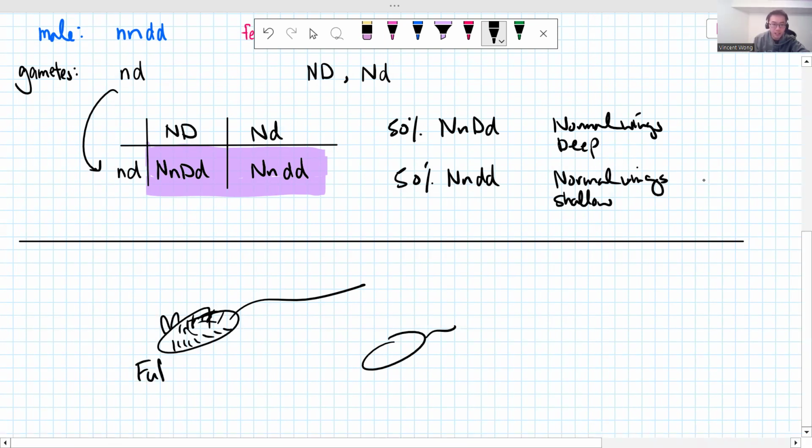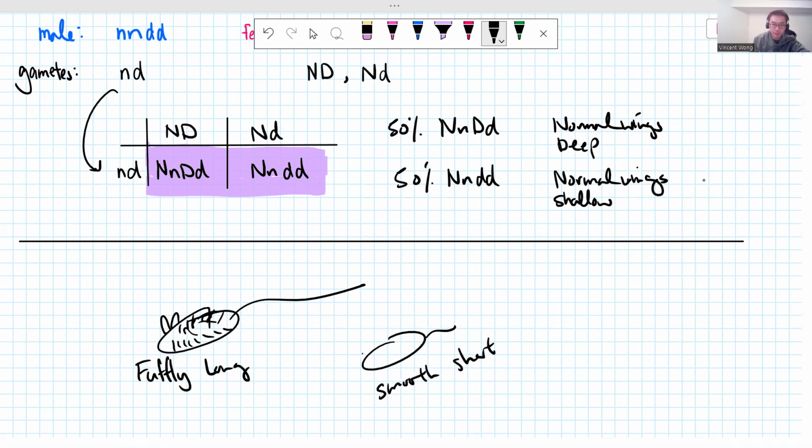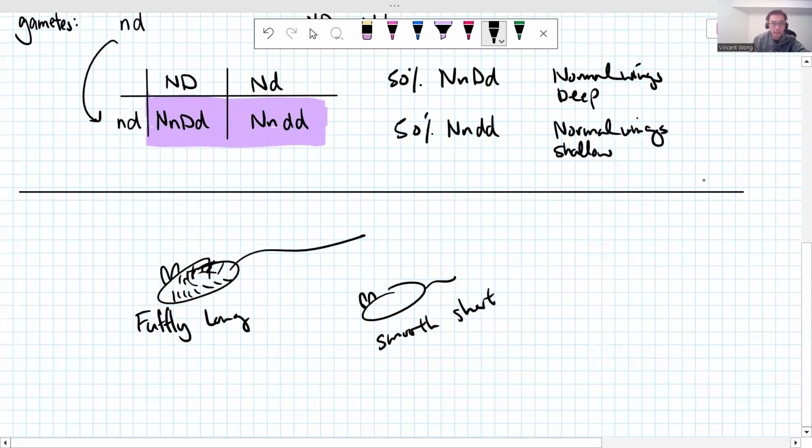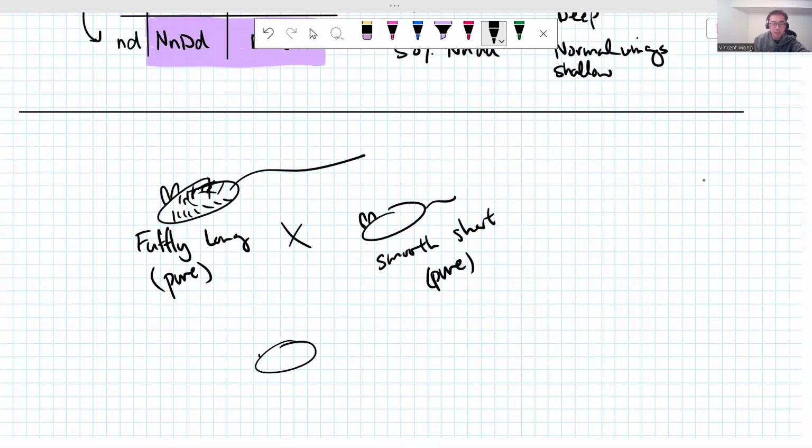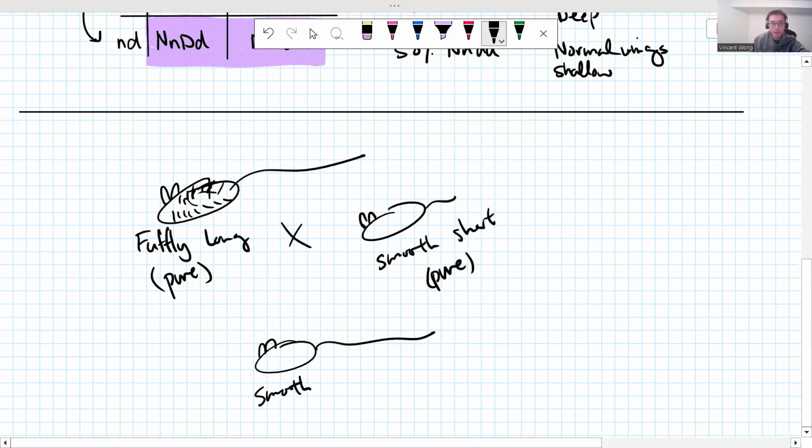So this is fluffy long tail, and this is smooth short tail. And then assuming they're pure and pure, and then you breed them, and you end up having a smooth mouse with a long tail. Smooth, long.